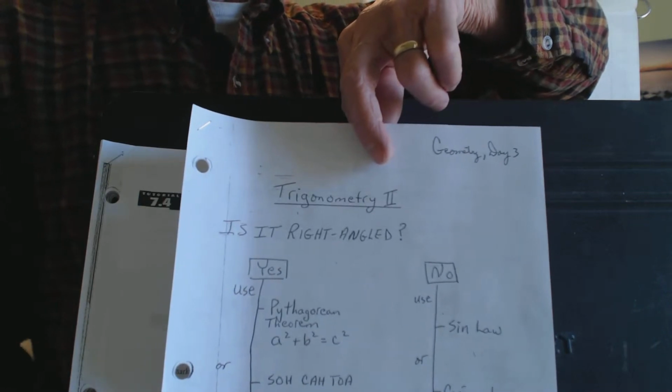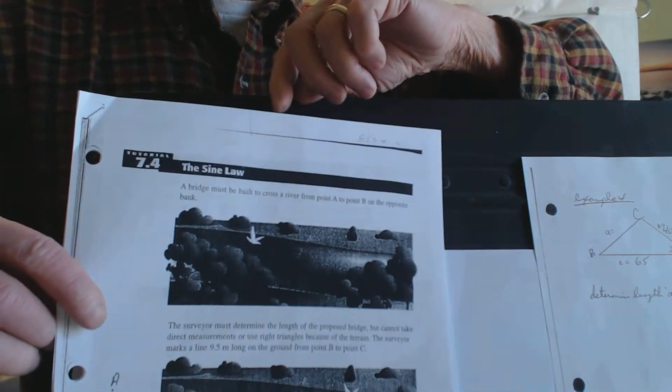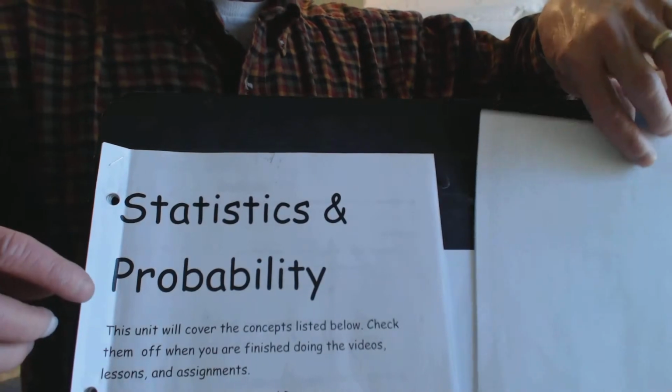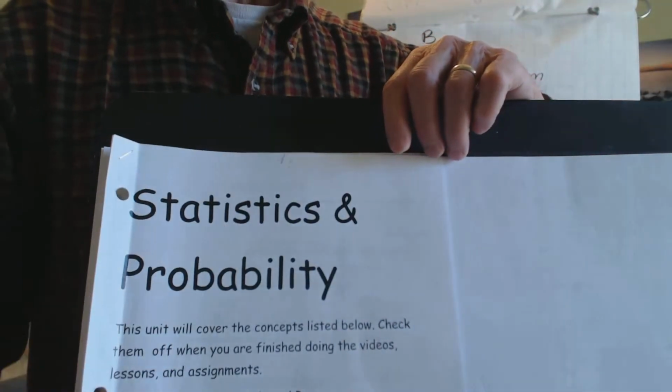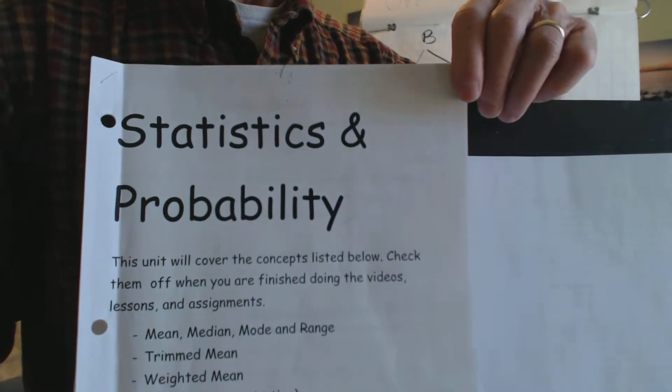That'll be the lesson I give on this video. And we also had the matching work that went with that package. Then we finished our trigonometry, and we went into statistics and probability.